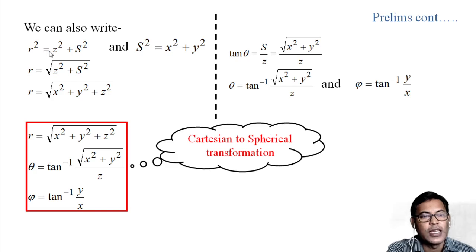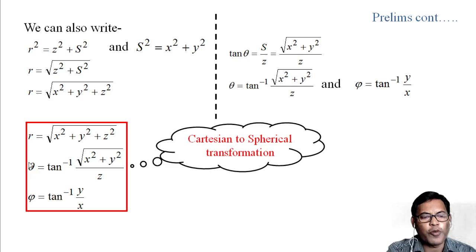So, z square plus s square, and s square means what? x square plus y square. So, r equals the square root of z square plus s square, where s square equals x square plus y square. So, r will be equal to the square root of x square plus y square plus z square. So, we got the value of r in terms of x, y and z.